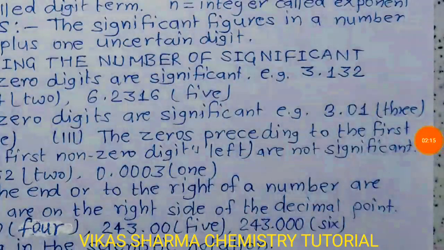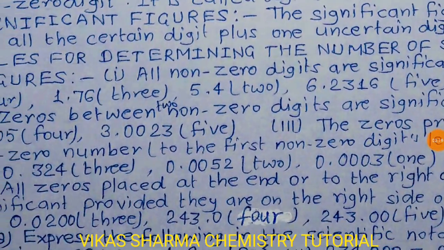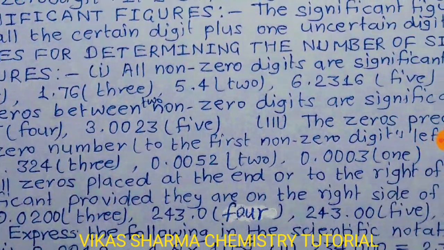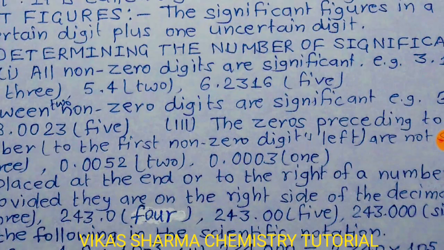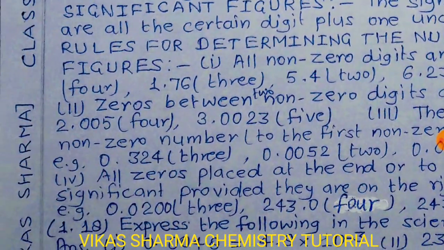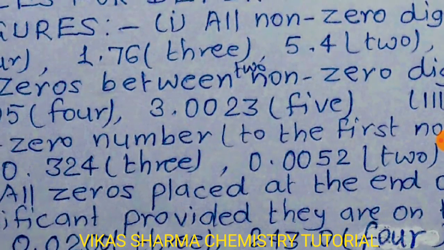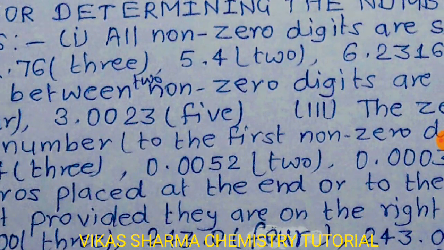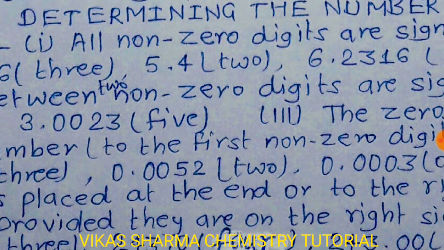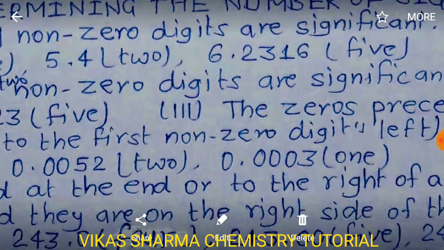Rule number 3 is the zeros preceding the first non-zero digit, to its left, are not significant. For example, 0.324, the 0 is on the left hand side, so the significant figures are 3. Another example, 0.0052, so the significant figures are only 2.